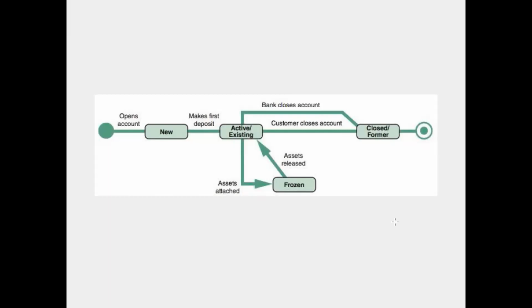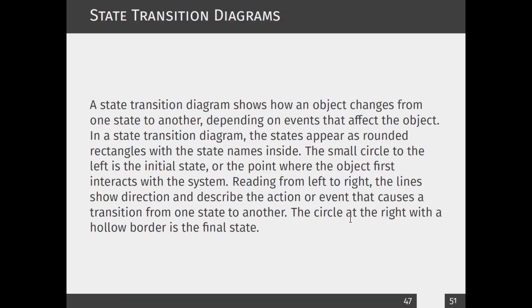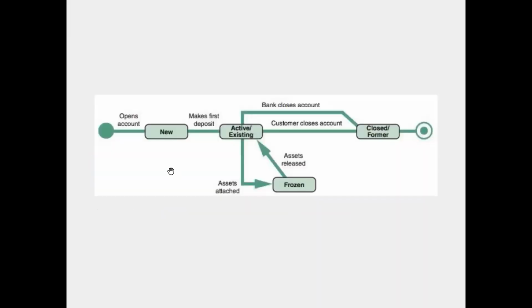Now, in this example, what you see is a state transition diagram where you start looking at the different states of bank accounts. So this small circle indicates the beginning, and this circle, it's actually double circles, indicates the end of this state diagram.